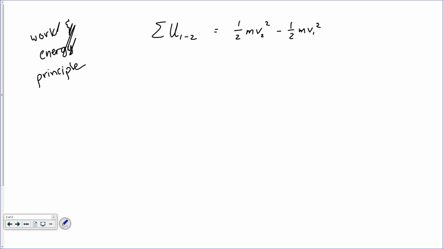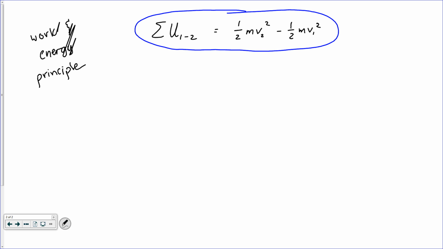Now, you may elect to keep it in this form. Personally, I like to rearrange this. It doesn't change the equation at all, but I like to bring that last term over to the left-hand side because I think it shows us something a bit more intuitive.